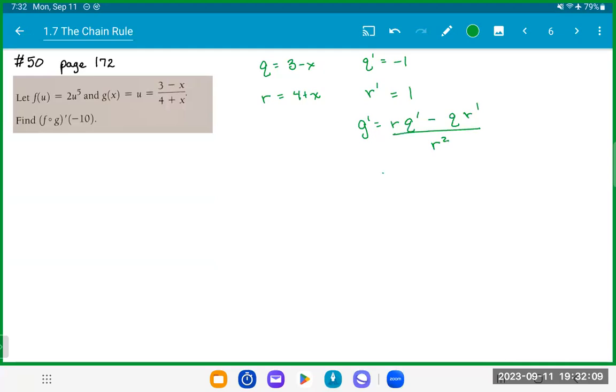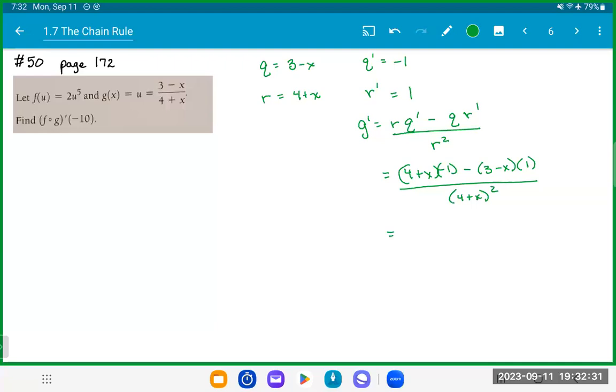So when we put all that in, we end up with (4 plus x) times -1 minus (3 minus x) times +1, divided by (4 plus x) squared.